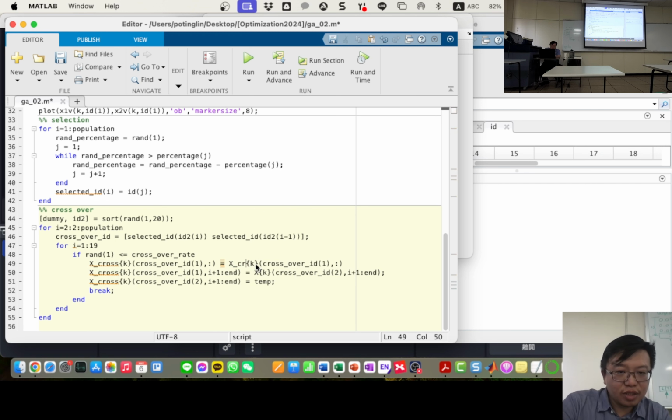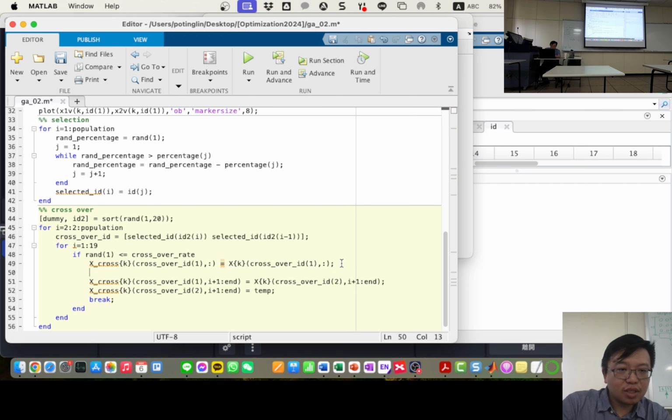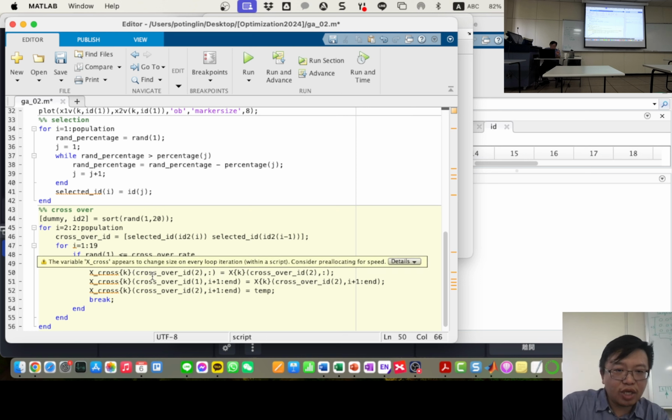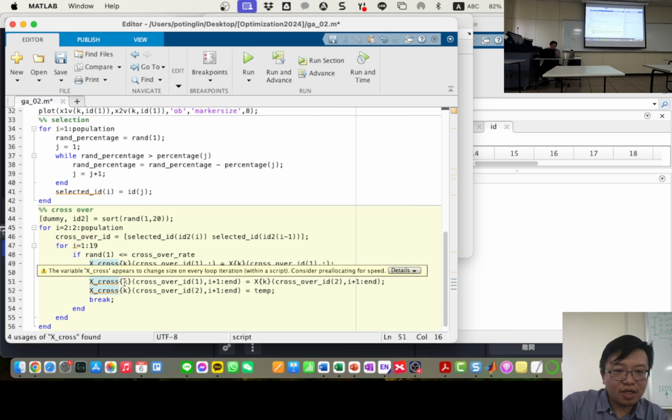No cross. Okay. So cross equals to the one before cross. So over here, the cross, the tail equal, here.